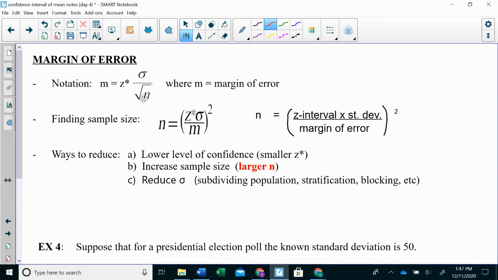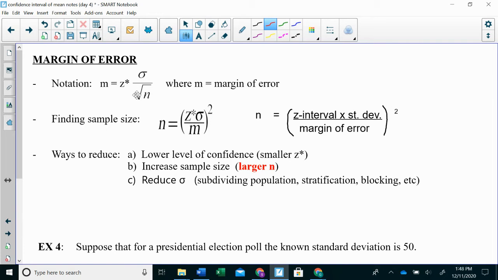So if we are going to try to find sample size, it really helps us out to rewrite that formula for the letter N, since that is our sample size. So if we manipulate that formula, N equals the Z interval still times that standard deviation divided by the margin of error and then squared.